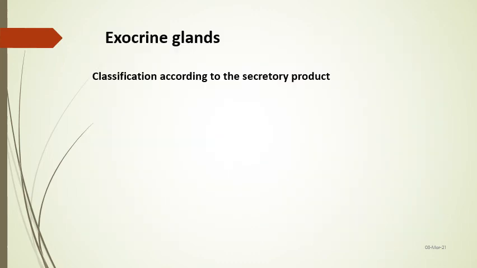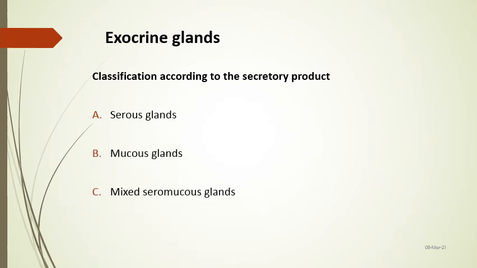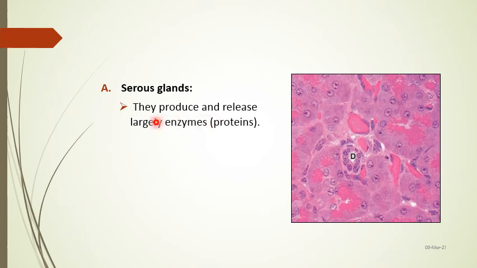Also, the exocrine glands can be classified according to the secretory product into serous glands, mucous glands, and mixed seromucous glands. The serous glands produce and release largely enzymes or proteins, and they stain darkly with hematoxylin and eosin, as we see here in this image seen by light microscope, stained by H&E.